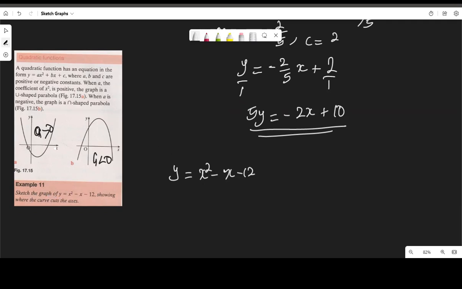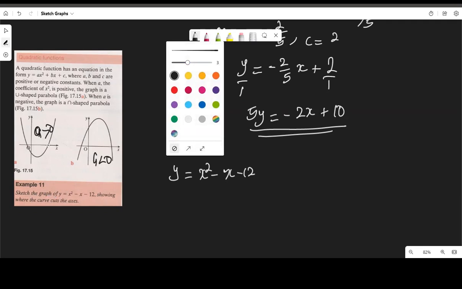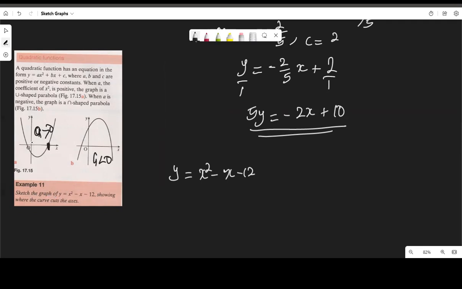There are 3 points that we need to determine here. Unlike a linear graph where we determine only 2 points, for a quadratic function we need 3 points. And what are those 3 points? We need these 2 points where the curve crosses the x-axis, and we also need this turning point. How can we get that?